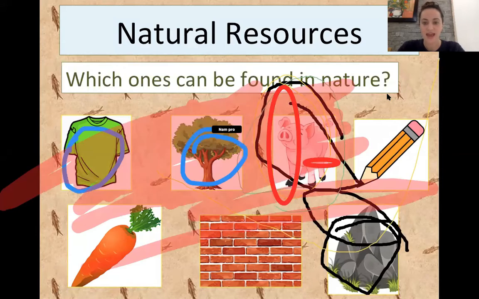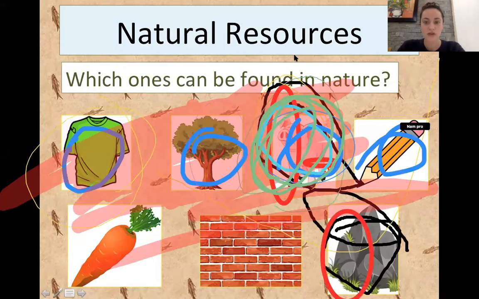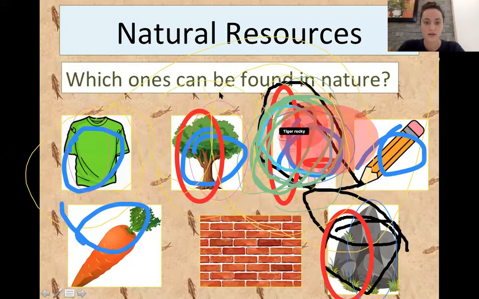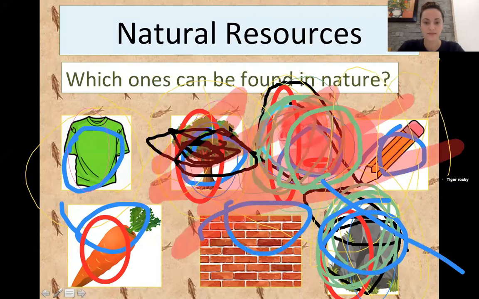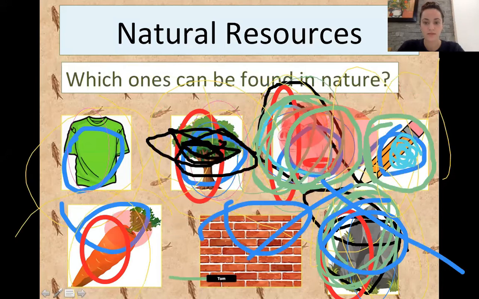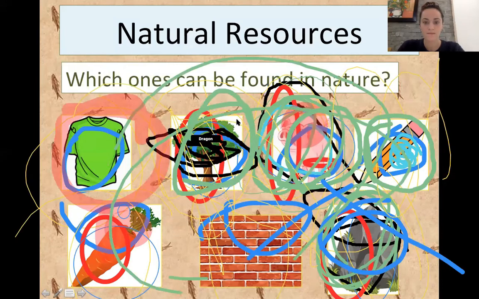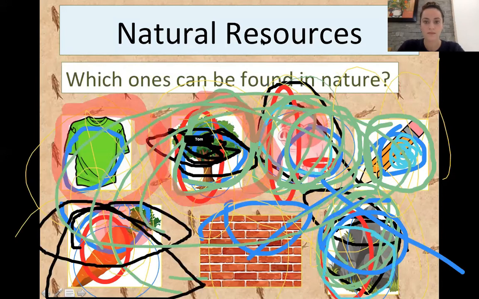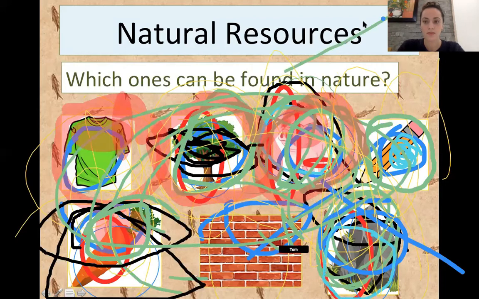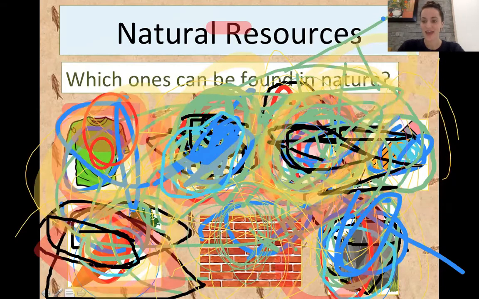Dragon, very nice. Please, no scribbling. No scribbling. We had a little bit of scribbling here. It was doing a really good job.